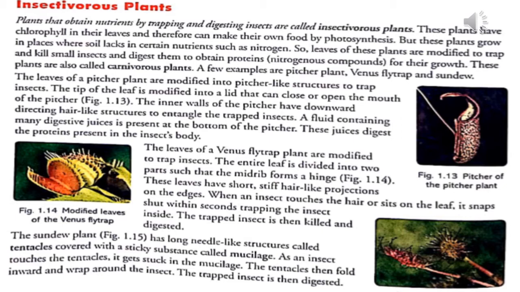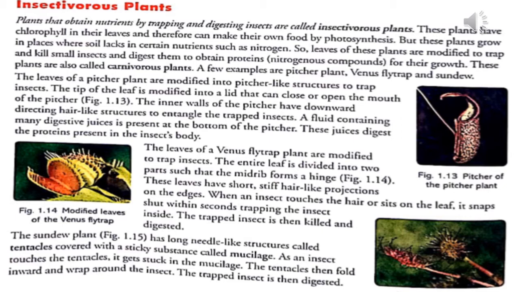So leaves of these plants are modified to trap and kill small insects and digest them to obtain proteins for their growth. And protein is a nitrogenous compound, and nitrogen is taken from the soil, but this plant cannot take it from the soil because their roots are not modified this way. They can perform photosynthesis, can make their food, but nitrogen they cannot take from the soil.